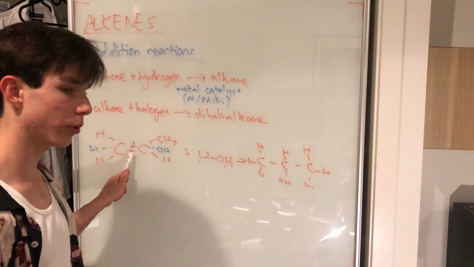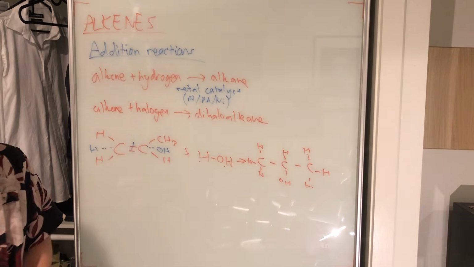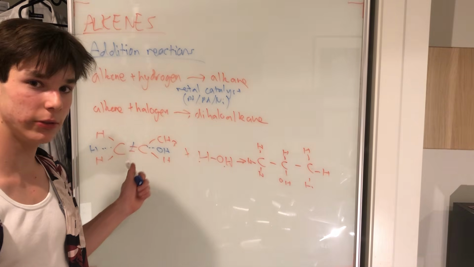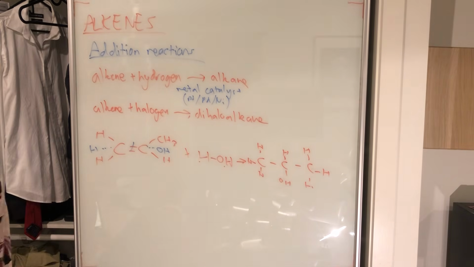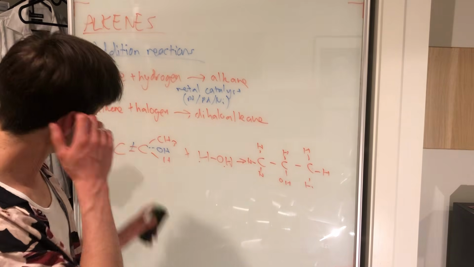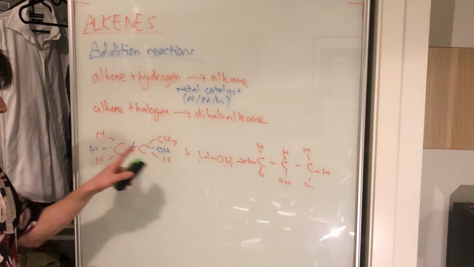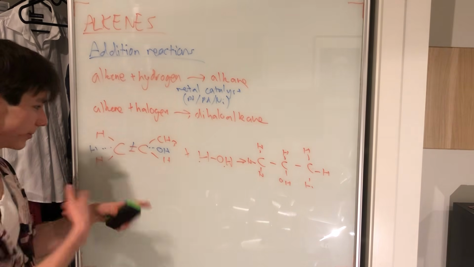Yep. Propene, propan-2-ol. Now, why did I use an asymmetrical alkene? Why did I use an asymmetrical alkene? Well, see, I've put the hydrogen on this carbon, and I've put the hydroxide on this carbon. Could I not put them on the other way around?